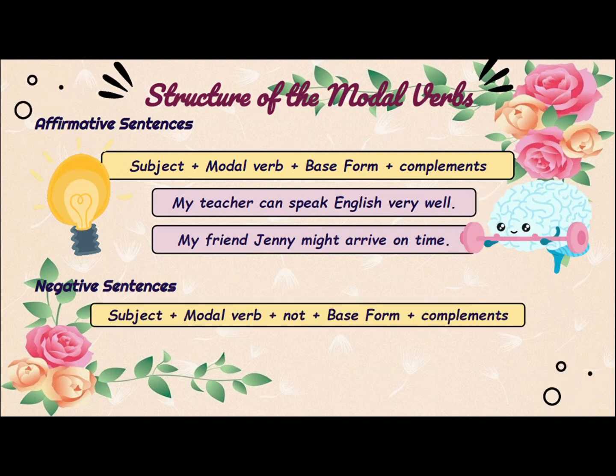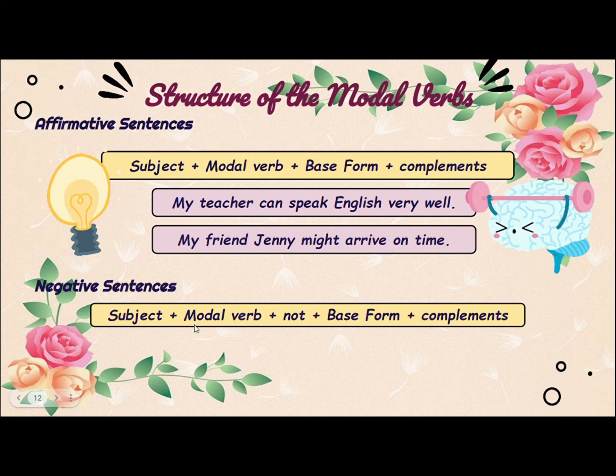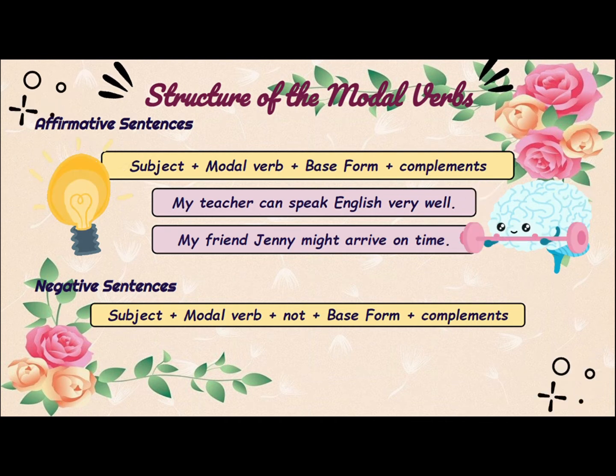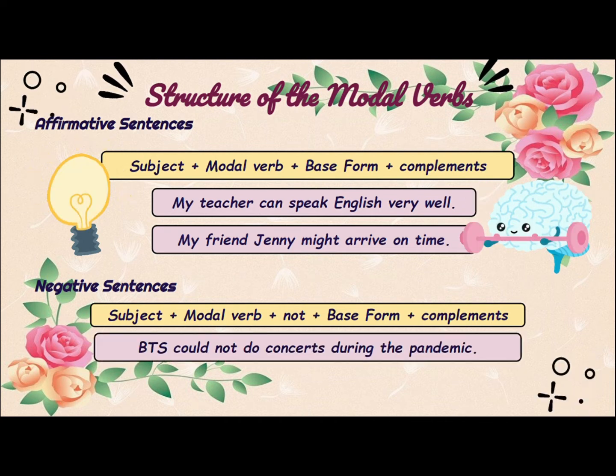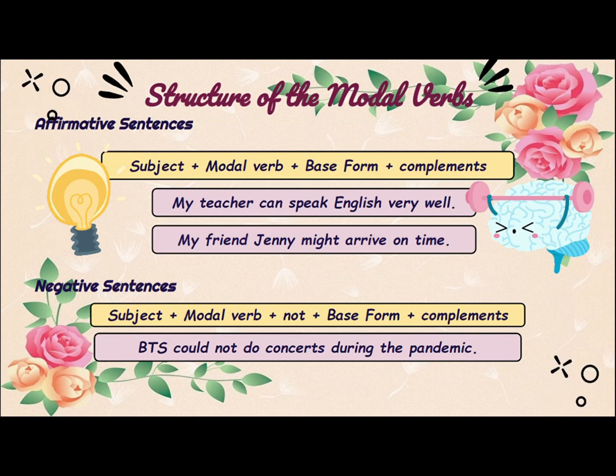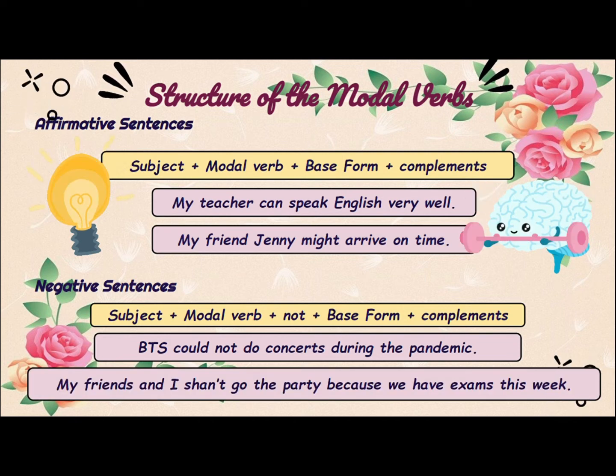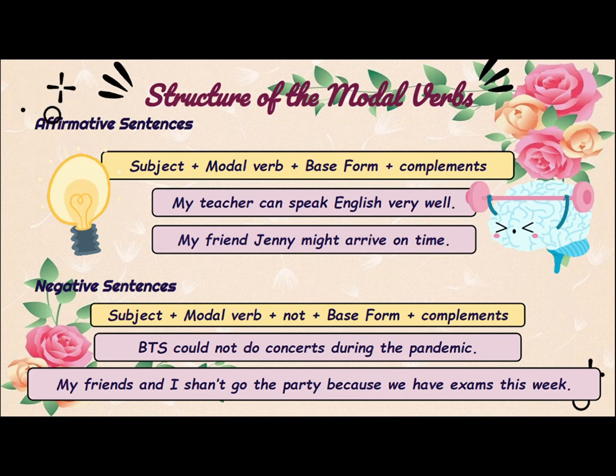For the negative sentences, we use this structure: subject plus modal verb plus not plus base form of the main verb plus complements. For example, BTS could not do concerts during the pandemic. Another example, my friend and I shan't go to the party because we have exams this week.